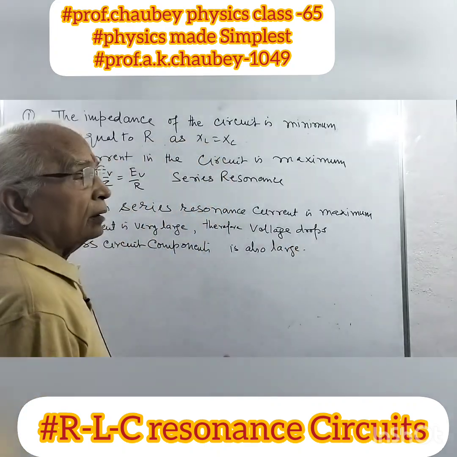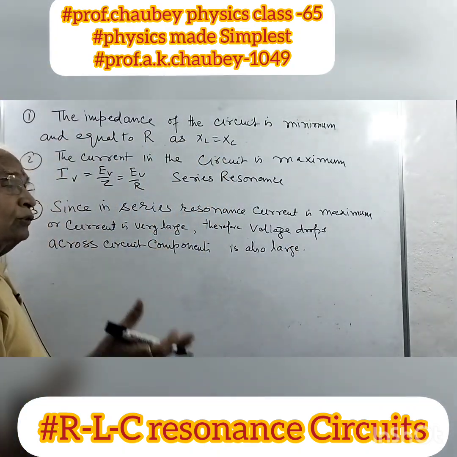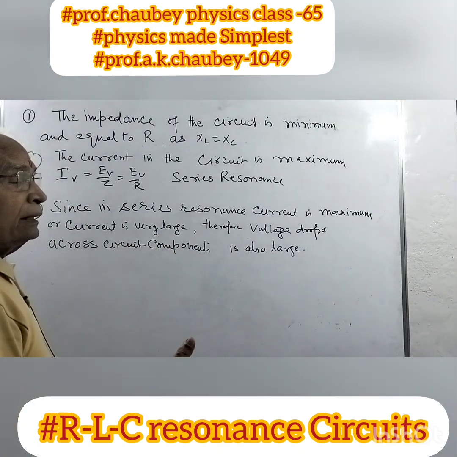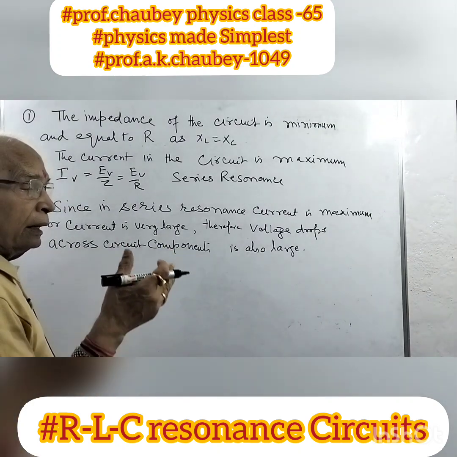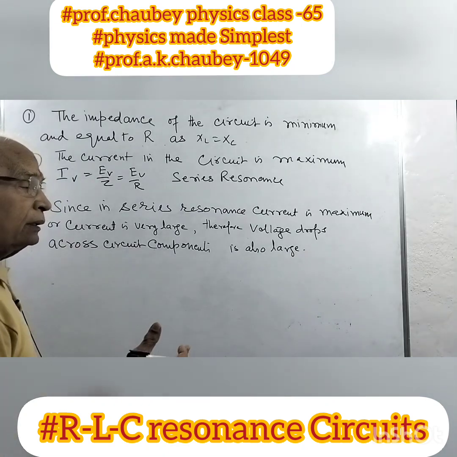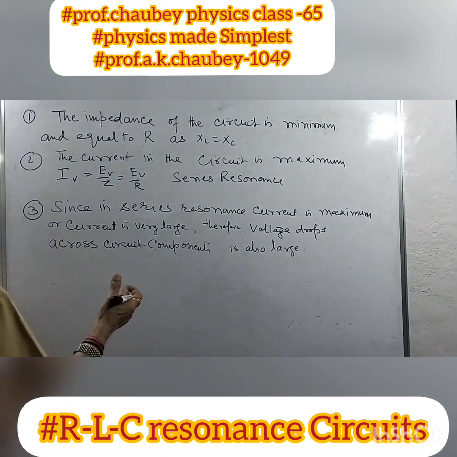What does it mean? Because current is maximum, the R into I drop, XL into I, and XC into I voltages are large.